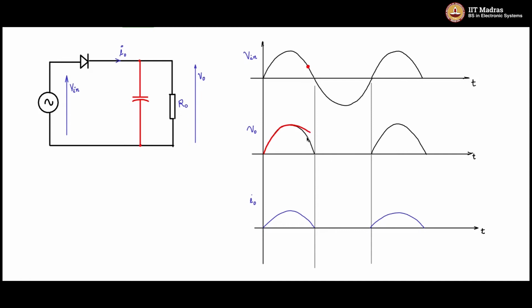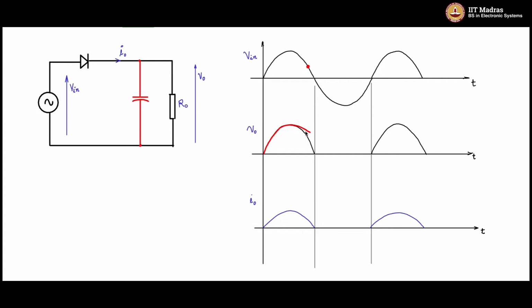Which means that the anode is having a value which is lower than the cathode, and the diode is reverse biased and cut off. So the input is now cut off from this portion of the circuit, and only the capacitor is delivering power to the load, using whatever energy is stored in the capacitor.